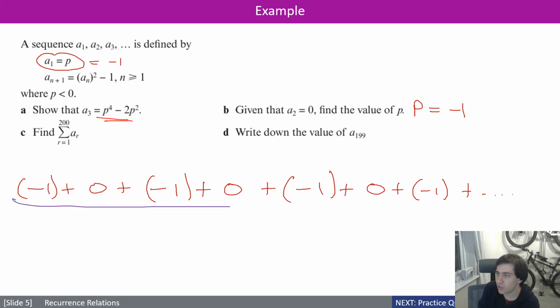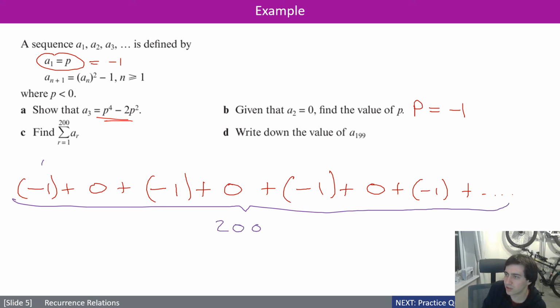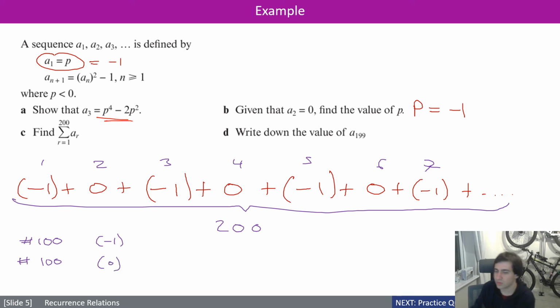If I have 200 of this happening, right? So this is the first, this is the second, this is the third, fourth, fifth, sixth, seventh, and so on. What do I actually have in total? I'm going to have 100 -1s, and I'm going to have 100 zeros, right? So if I add that all up, I'll just have -100, and that's the answer, -100.